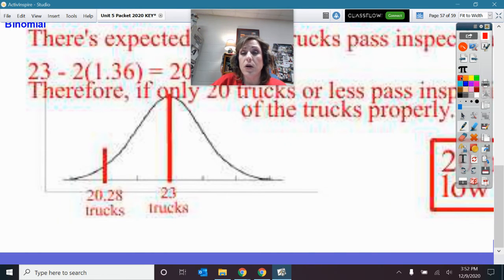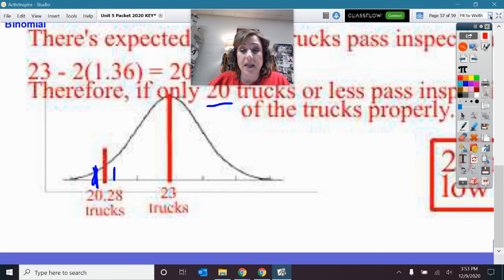So what's unusual? Is 21 trucks unusual? No, 21 trucks is in the fence. 20 trucks is not in the fence. So if that manager came out and 20 trucks or less passed inspection, that is not just sampling variability.